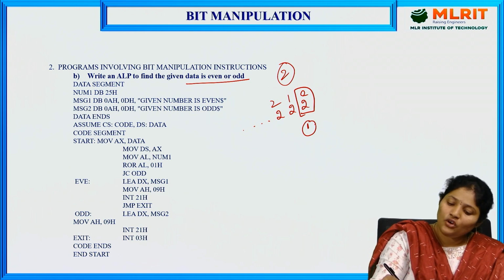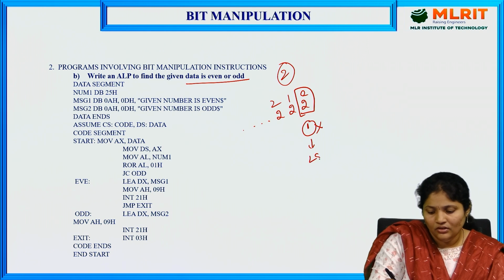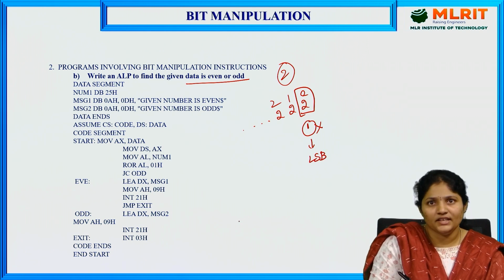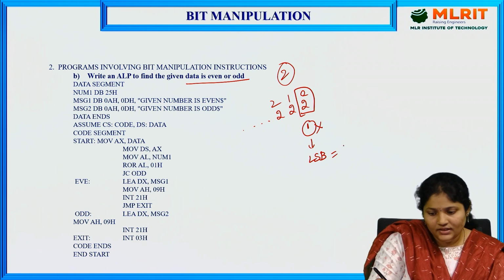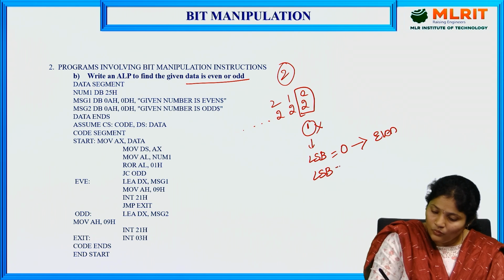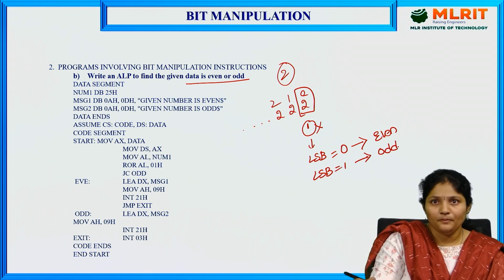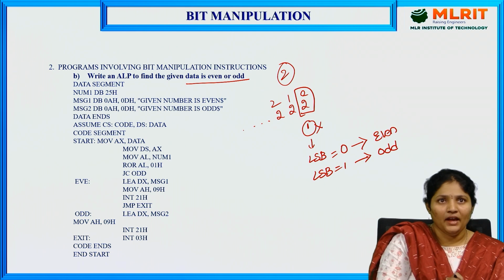So the least significant bit of the binary number will decide whether the given number is even or not. If the least significant bit is 0, you can say that it is an even number. If the least significant bit is 1, you can say that it is an odd number. So this is the logic behind this program.